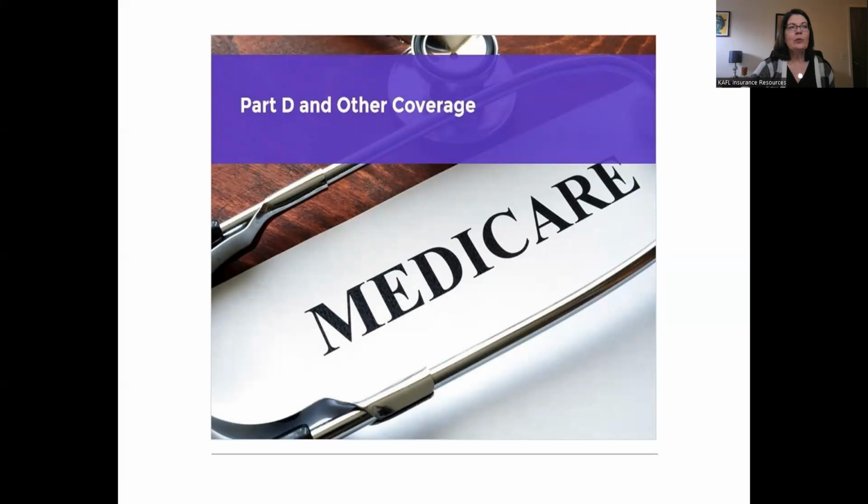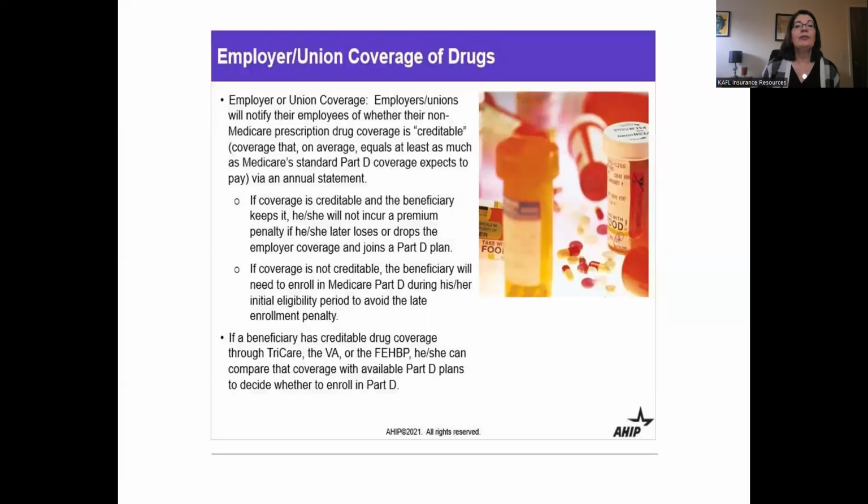So how does Part D work with other coverage, employer or union coverage? If somebody has drug coverage through their employer or union, they're going to be told every year, usually they receive a letter in the mail, saying that what they have or what they've had in the past year is creditable.